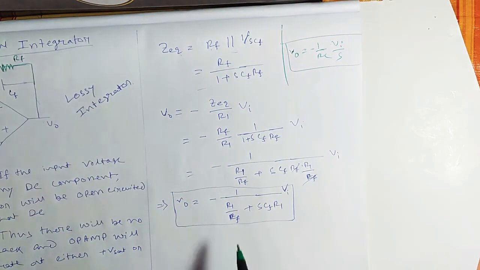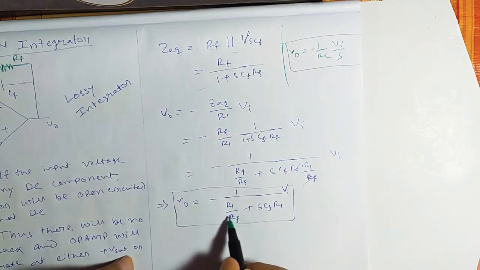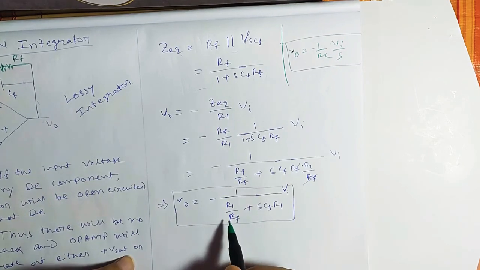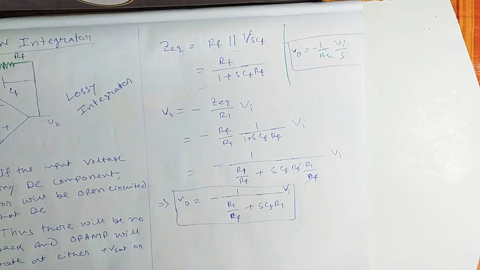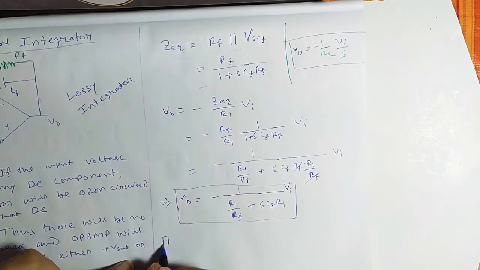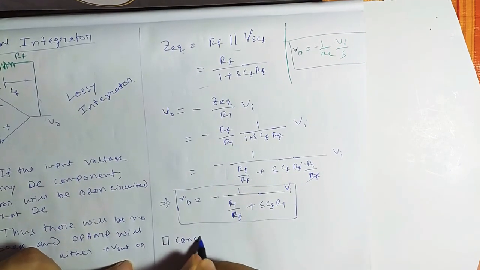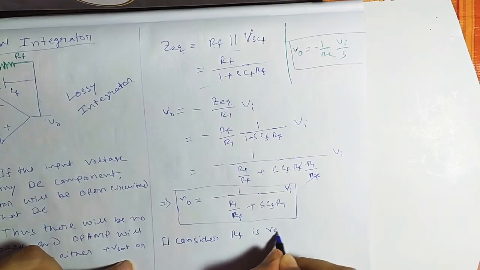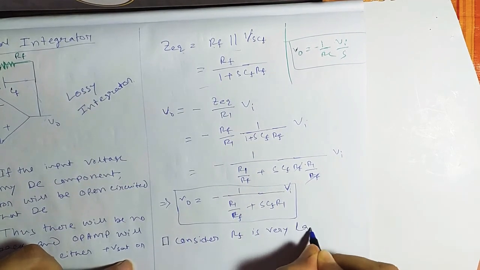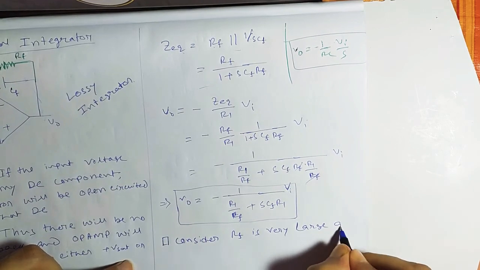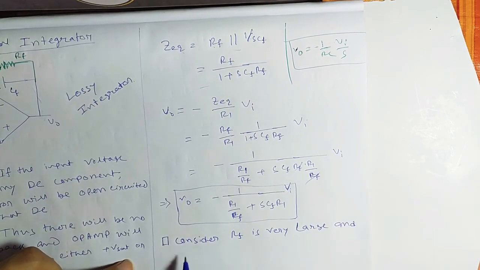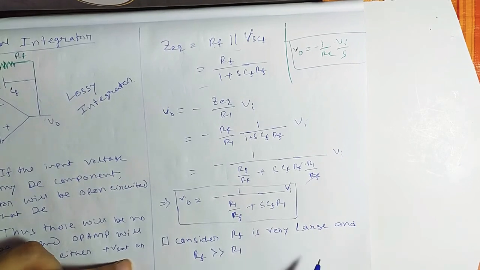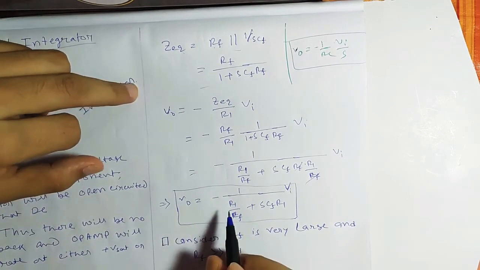Now if I consider that RF is much greater than R1, then this part is almost negligible. So if I consider RF is very large, RF much greater than R1, then we can neglect this part compared with this.